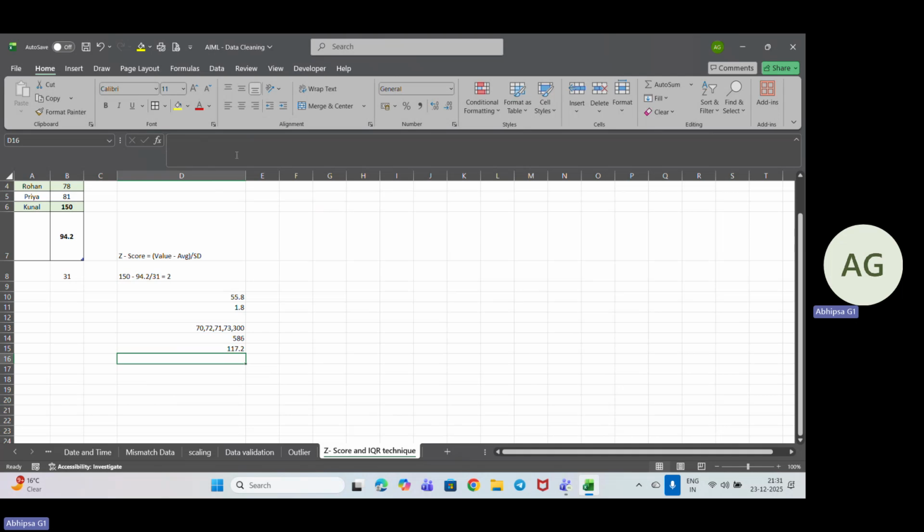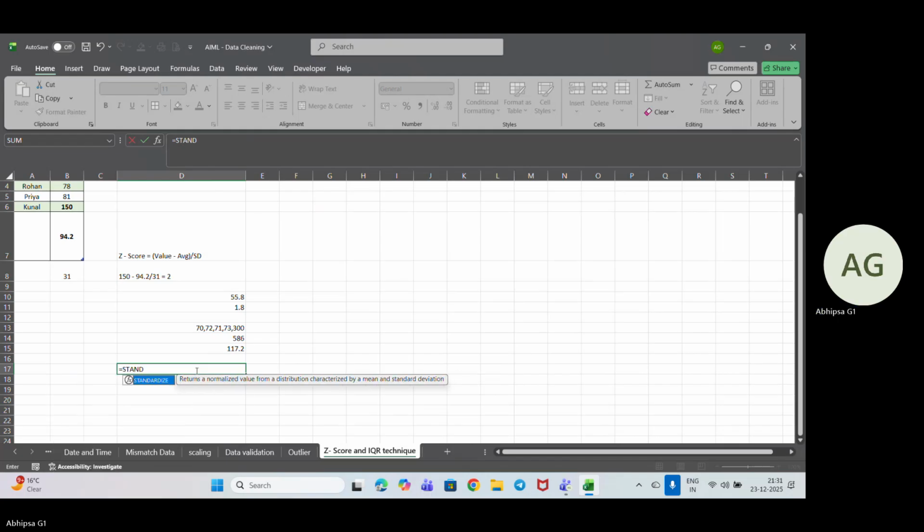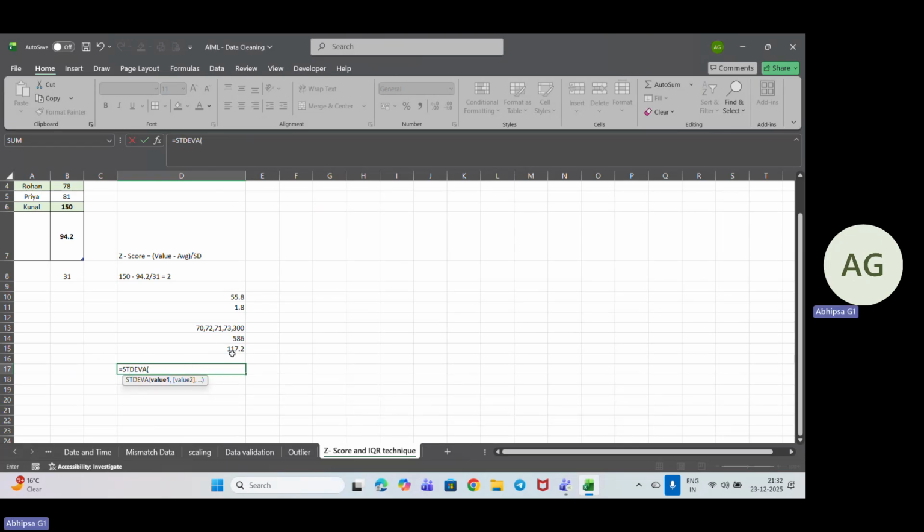Now if we are doing the standard deviation of it, so standard deviation of the values 70, 72, 71, 73, 300.